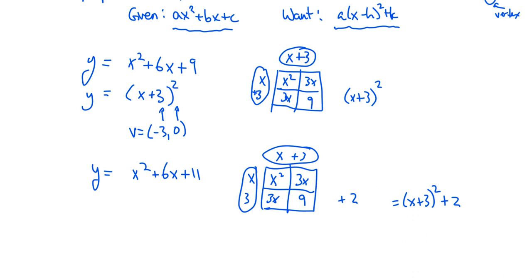The way we do this without the area model is, I'm going to go back to it here. I do the following. I say, this x squared plus 6x, if only it had a 9 added to it, then I would have a perfect square trinomial. So I'm going to add a fake 9.